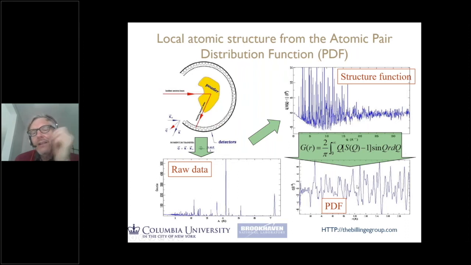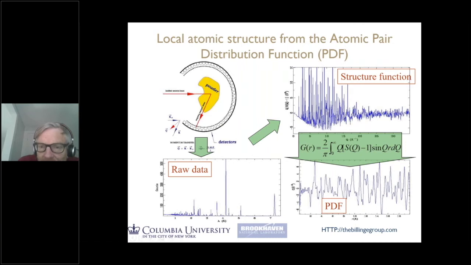The very beautiful thing about the PDF is that it's a very intuitive function. On this axis, this is a probability, and on this r-axis, this is a distance. The function is the probability of finding two atoms separated by this distance.